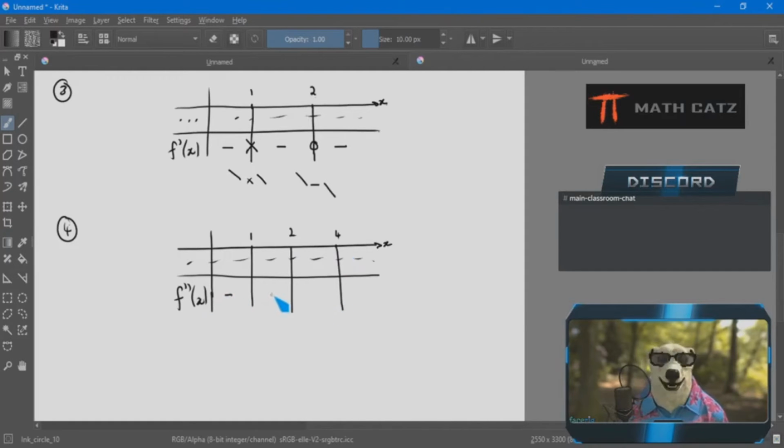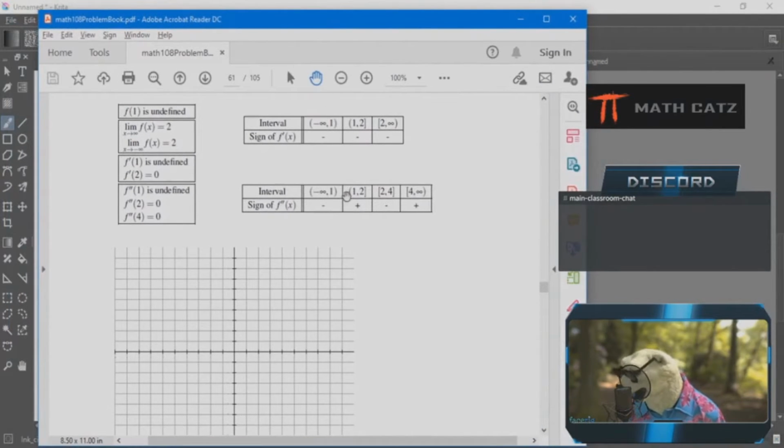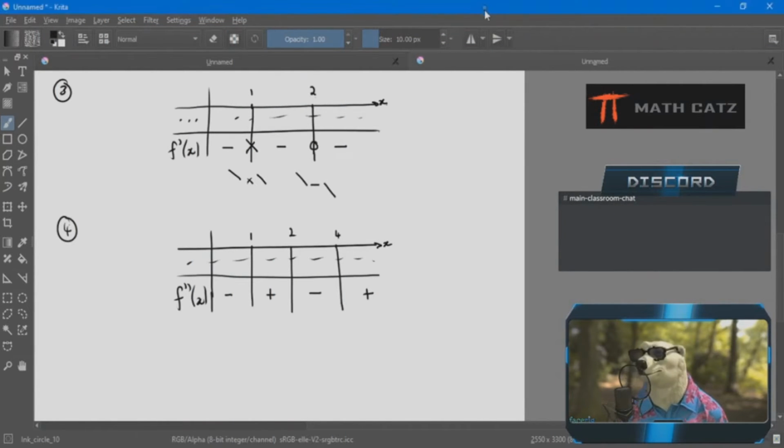And it gets a minus, a plus, a minus, a plus. Then I also want to know what happens to this second derivative on those x values. They tell me 1 is undefined, 2 and 4 are both 0.